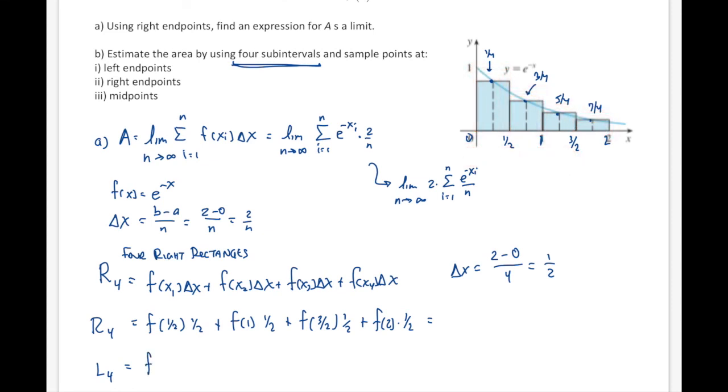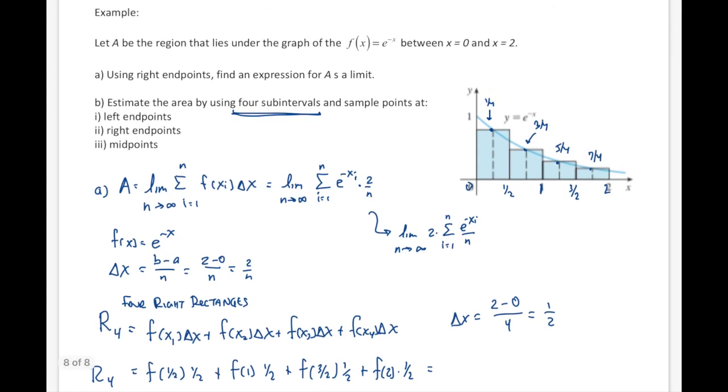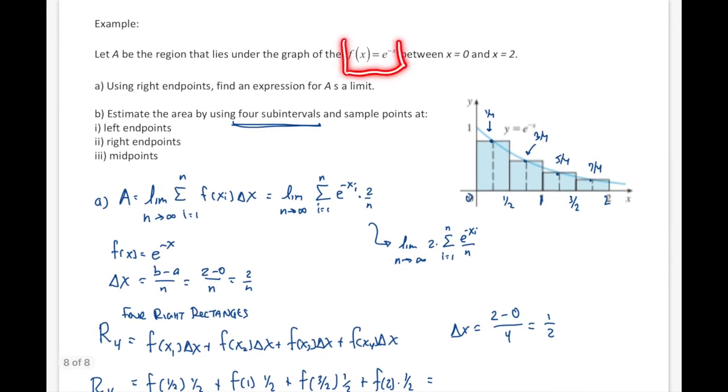So it's going to be f of 0 multiplied by 1/2 plus f of 1/2 multiplied by 1/2 plus f of 1 multiplied by 1/2 plus f of 3/2 multiplied by 1/2. And again, we can substitute that into the calculator. I'm not going to evaluate that as a numerical value because I'm not going to take the time to plug e to the negative x into the calculator right now.